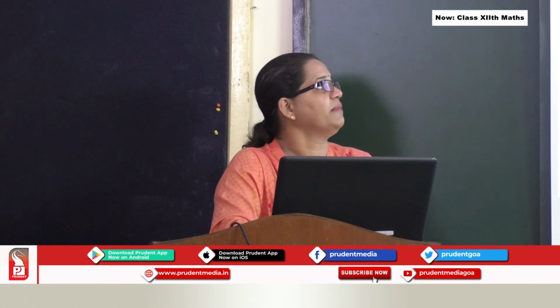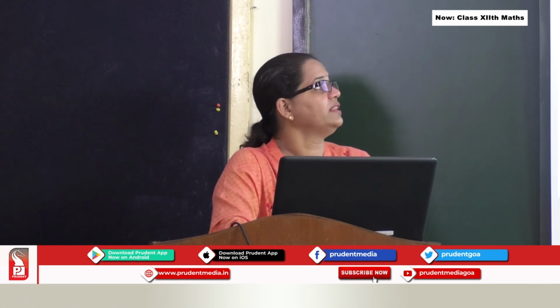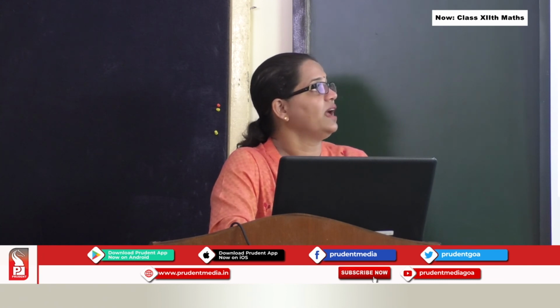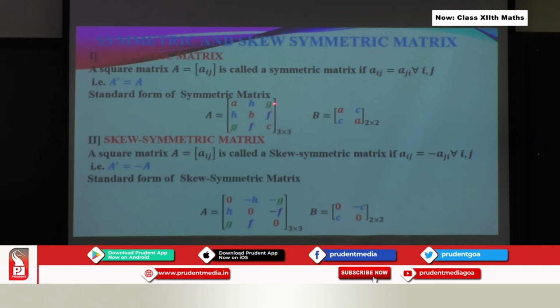I marked it with blue color. Now A31 has to be equal to your A13. Look at the green color which I have marked over here. So these two entries are supposed to be the same.